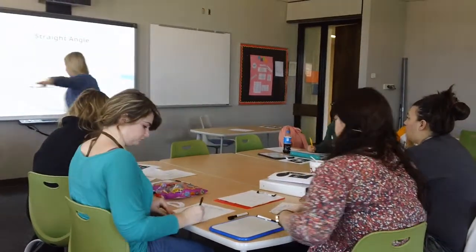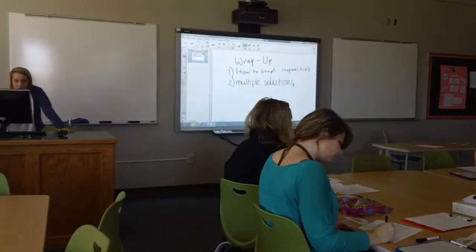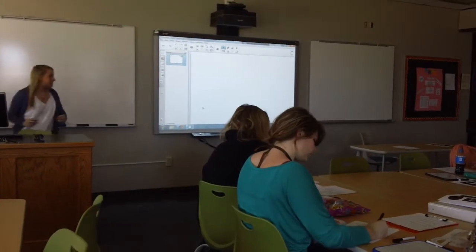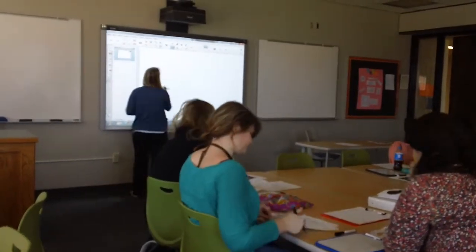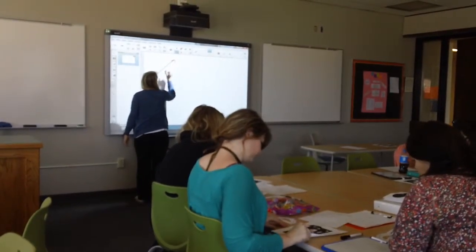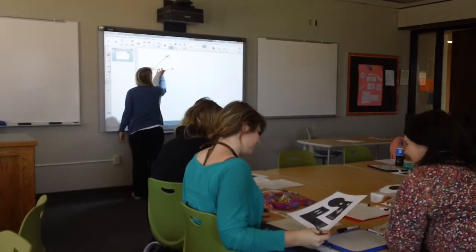Now we're going to draw some of these angles, which is like what you can see on your sheet. All right. So an acute angle is going to be less than 90 degrees.